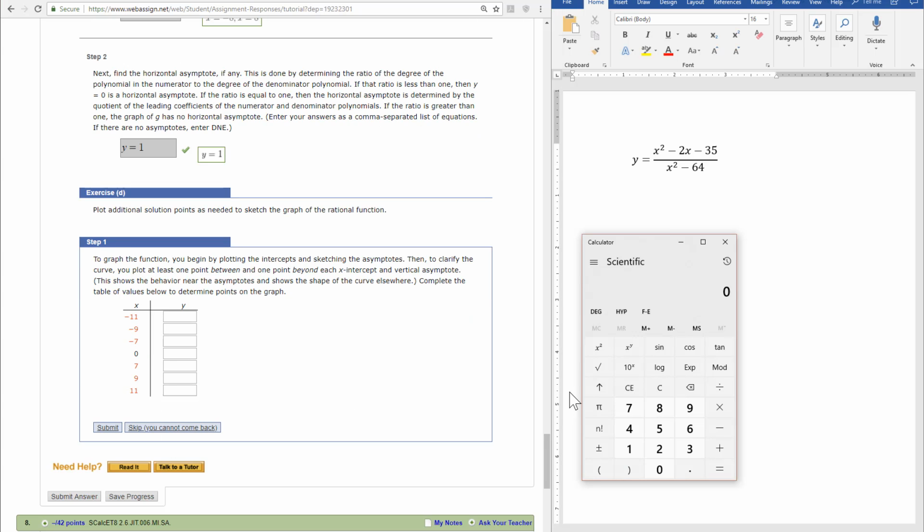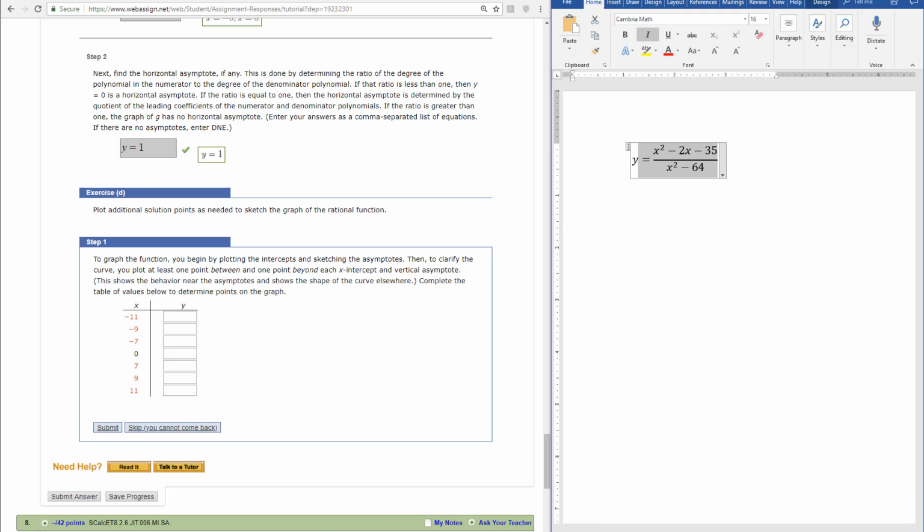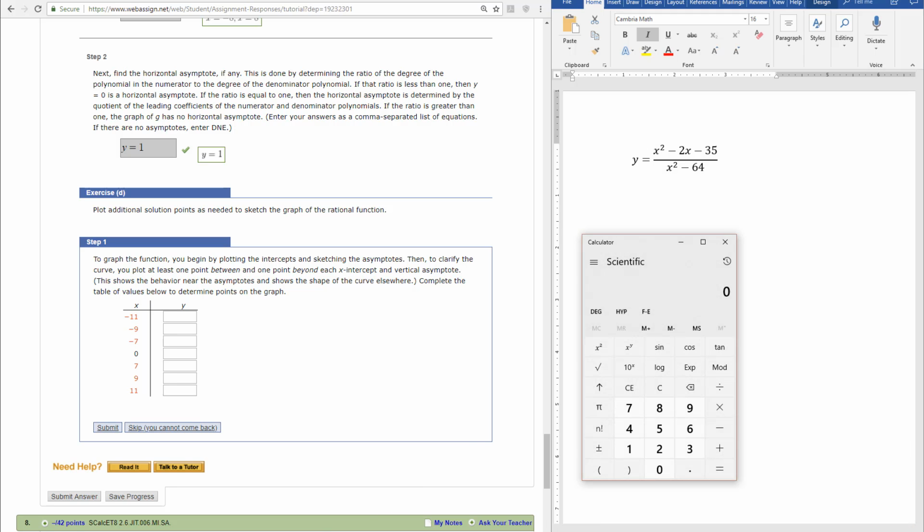So for this, we're going to take out our calculators and punch in some numbers. I typed in the equation on my sheet here so I can see the numbers as I'm punching it in. Negative 11, x is equal to negative 11. So the numerator is going to be 11 squared, that's 121, and then 2 times negative 11 is positive 22, and then we have a minus 35.